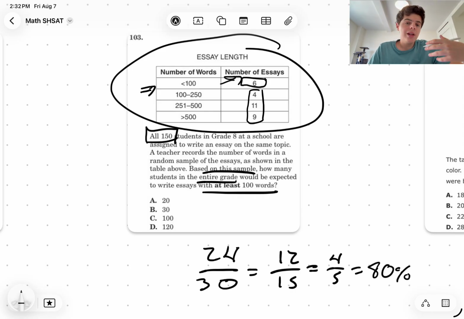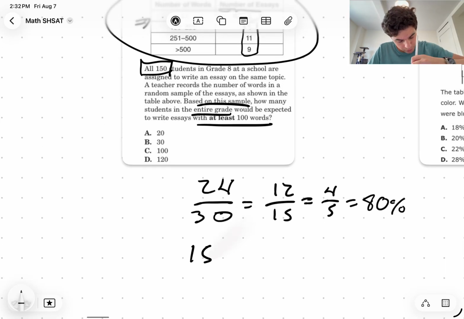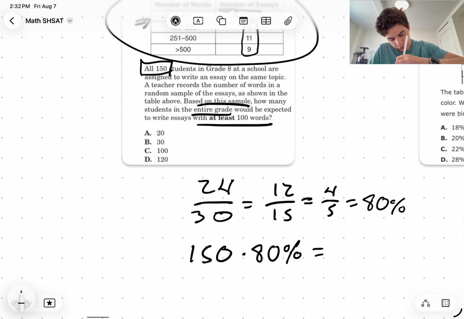Now we need to use this to decide how many out of the 150 students, assuming that the rate is consistent, wrote an essay longer than 100 words. Well, now we're going to do 150 times 80%, which is also equal to 150 times 8/10, or 4/5, right?